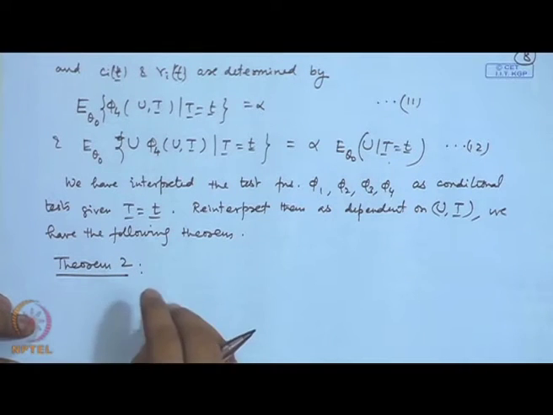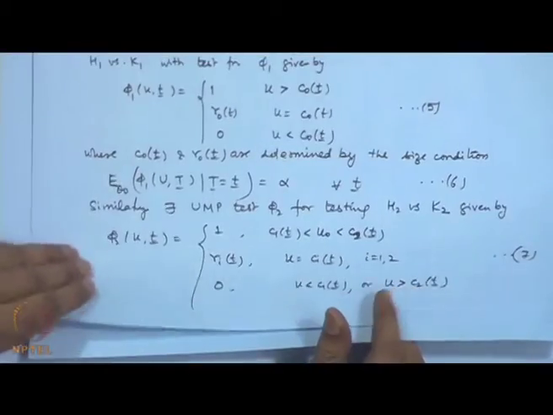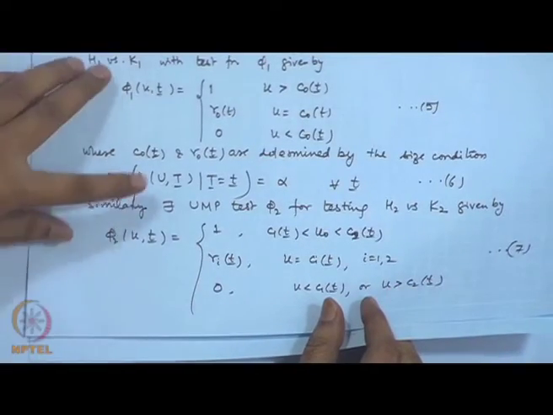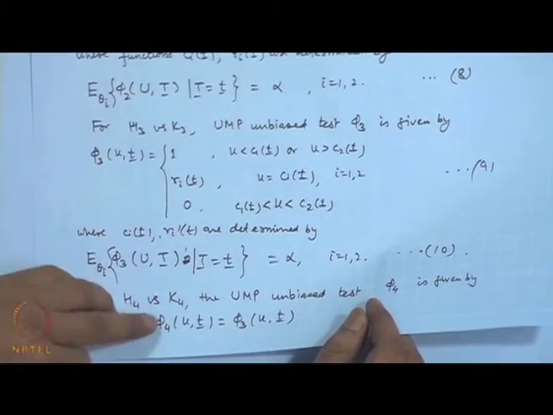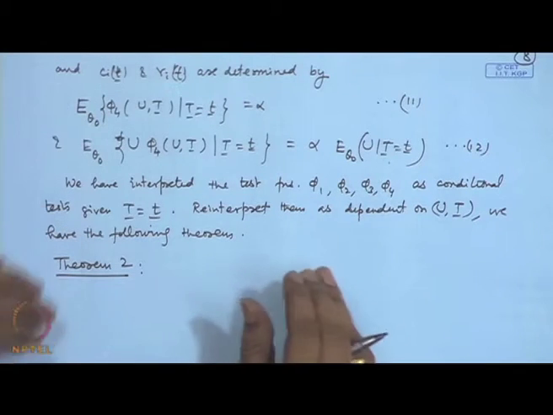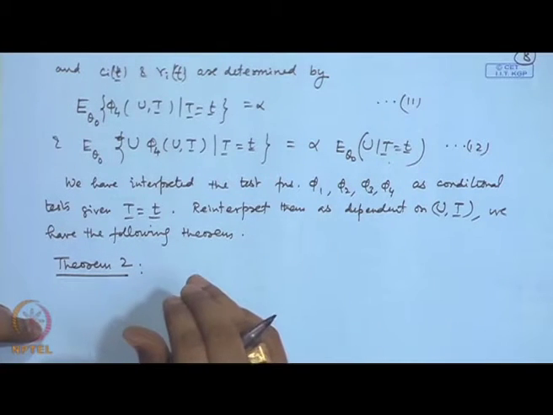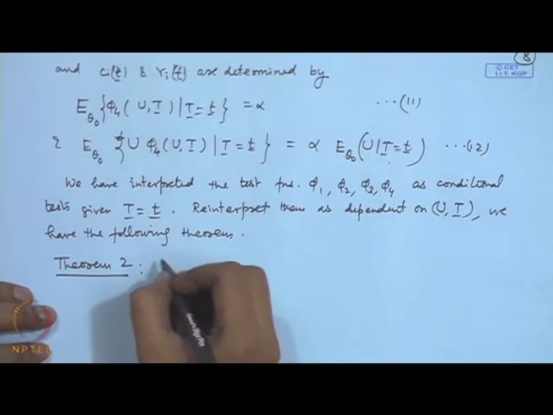This is regarding the UMP test here. Note one point: I have given the test functions phi 1 and phi 2, the conditional tests, as UMP, and phi 3 and phi 4 as UMP unbiased. But when I consider them as unconditional tests, all of these tests will become UMP unbiased. So, the statement is in the given theorem here.